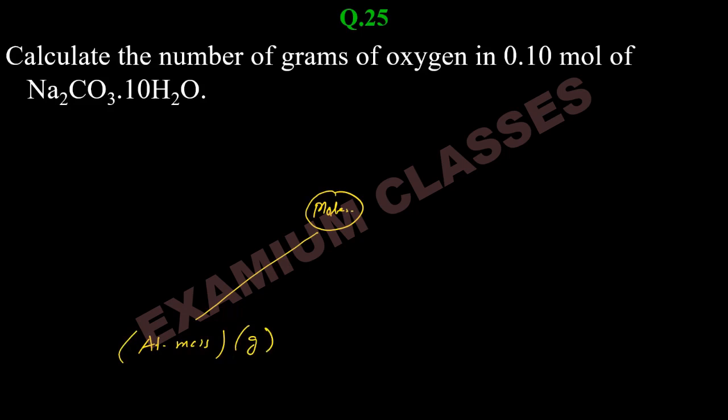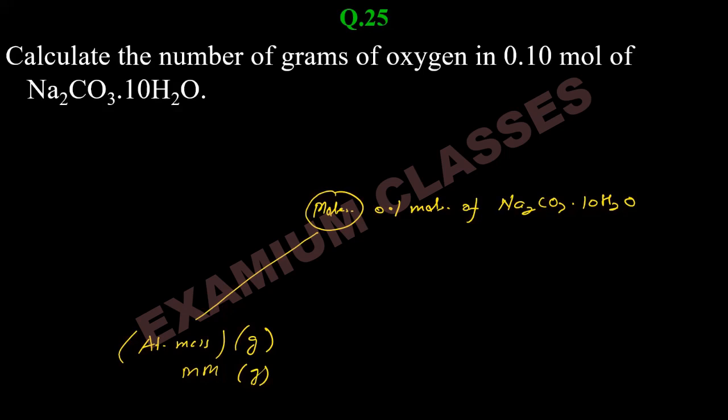Good. So if you remember that, 0.1 mole of Na2CO3.10H2O will be its molar mass in grams. But if you follow this approach, you will have to calculate the molar mass of the whole Na2CO3.10H2O.